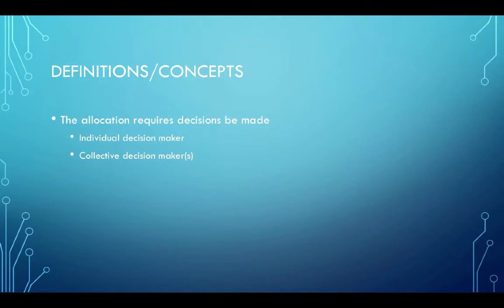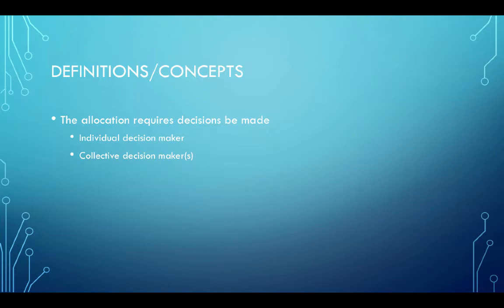Alternatively, there's collective decision making, and that's more the norm, certainly in water resources management. An individual decision maker can be a king, a dictator, an owner of some resource, and it's up to that one person or entity, if the individual is actually the legal entity called a corporation, to make the decision, and they can make the decision any way they damn well please.